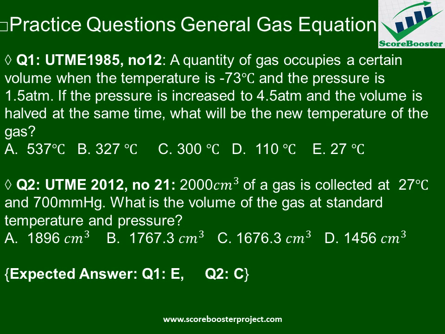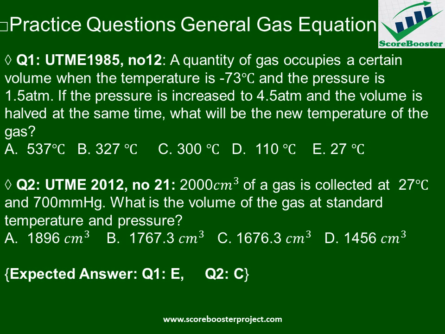The options here: option A is 1896 cm cube. Option B is 1767.3 cm cube. Option C is 1676.3 cm cube, while option D is 1456 cm cube.